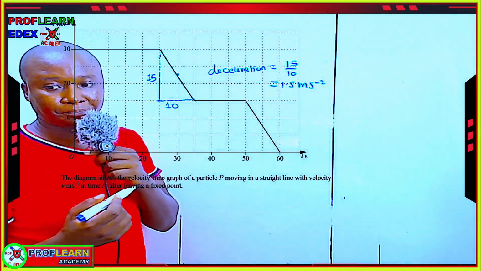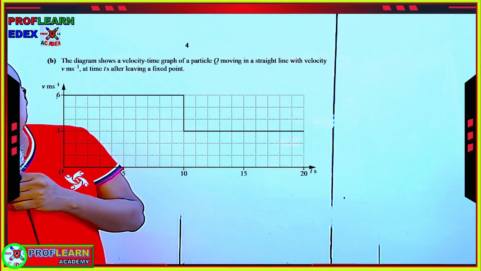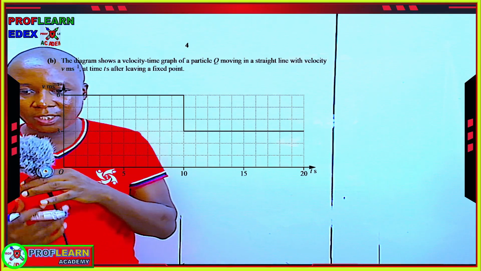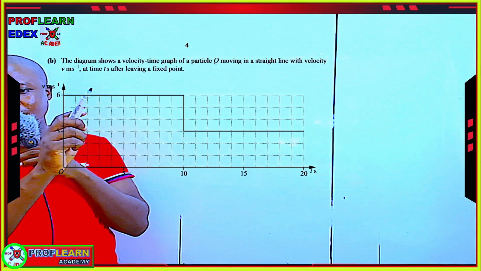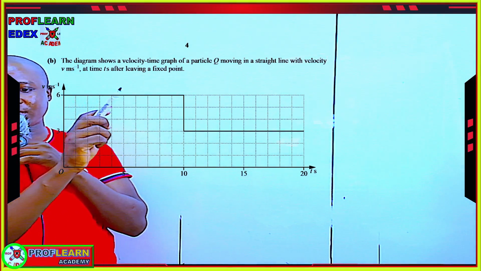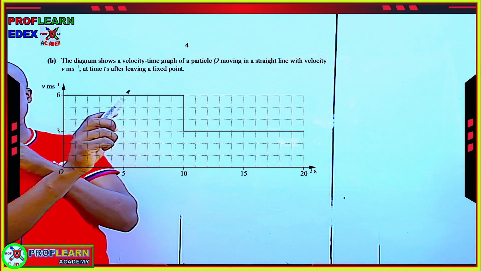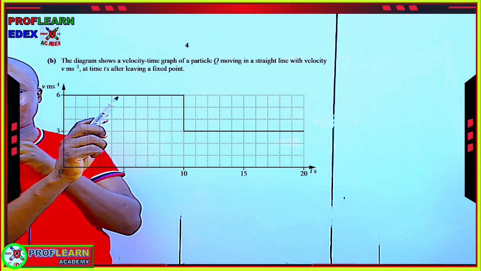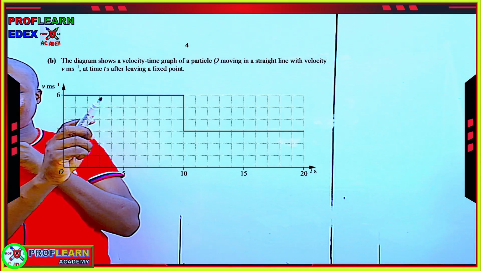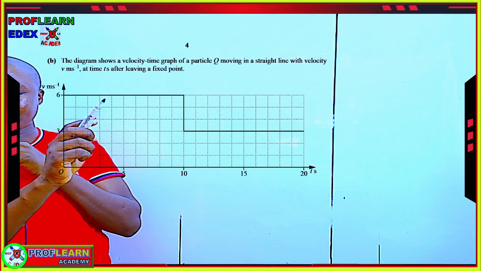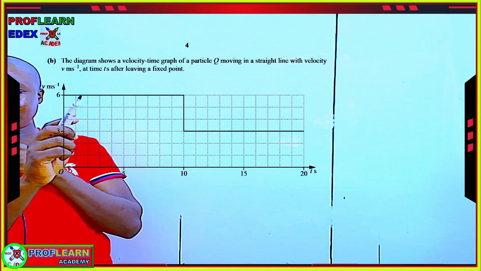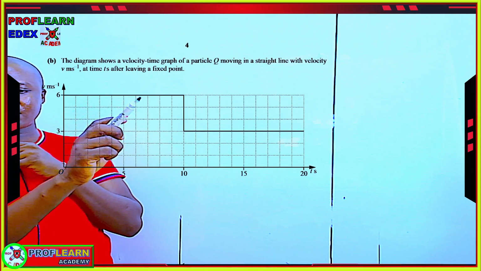Velocity time graph, and we have different sections. If you look at this velocity time graph that we are given here, for instance, at this point here we have constant velocity. This section, constant velocity, and the velocity in that case is basically 6 meters per second.